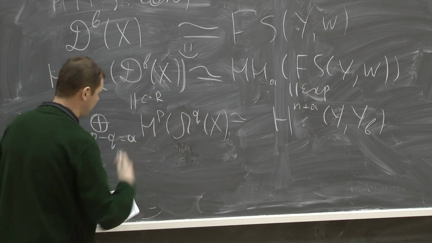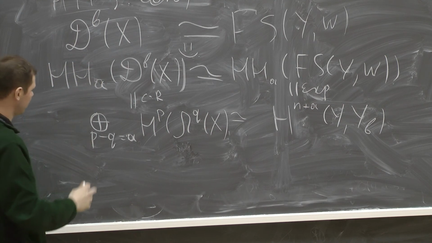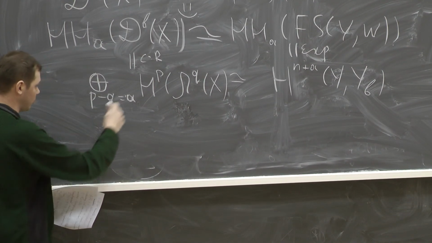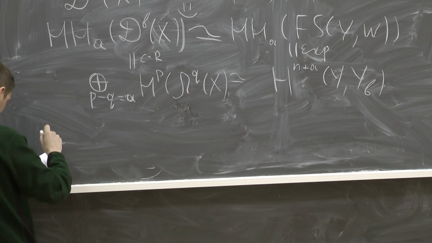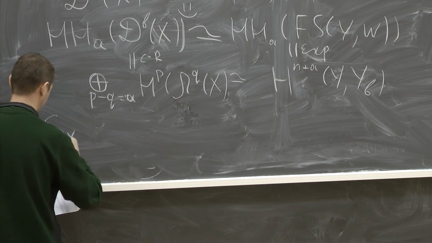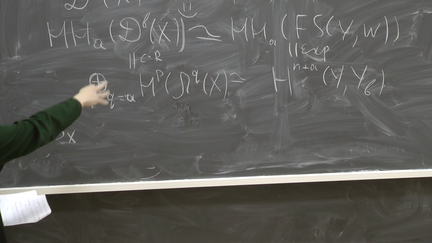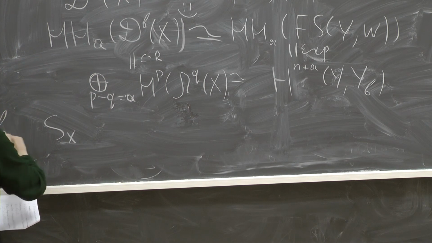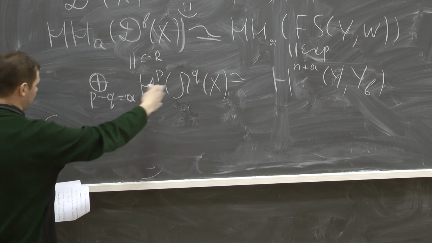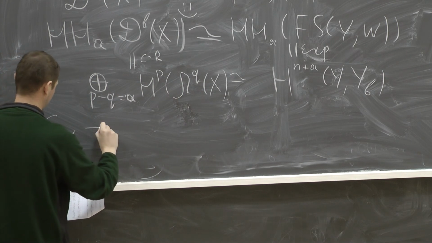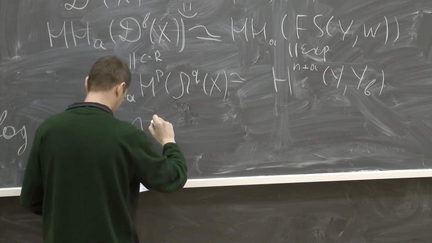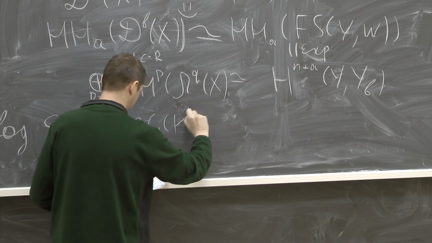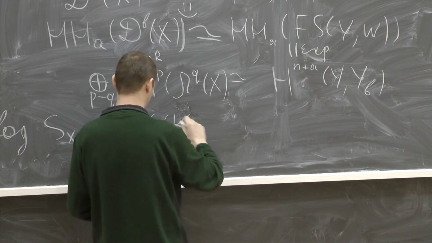If we have two equivalences of categories, then Serre functors should also coincide on both sides. So if S_X is a Serre functor on the derived category, then its logarithm here acts just by multiplication, up to a sign, by c_1, the canonical or anti-canonical class.